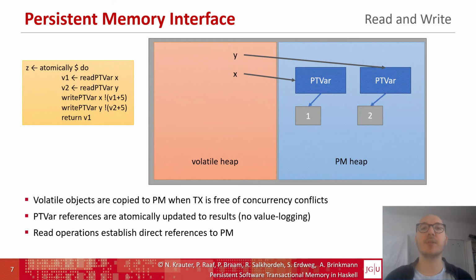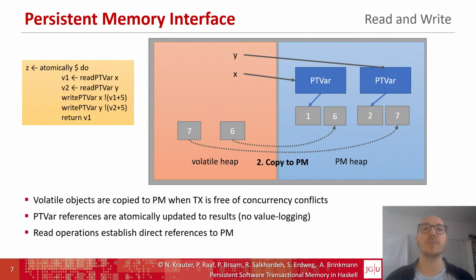In this example, you can see how PTVARs can be jointly modified. Currently, there is X and Y in persistent memory, which we modify through the transaction, which you can see on the left. We first read them and then we add 5 to each one of them. Only when STM ensures that the variables can be committed without any concurrency issues do we copy the data over to persistent memory.